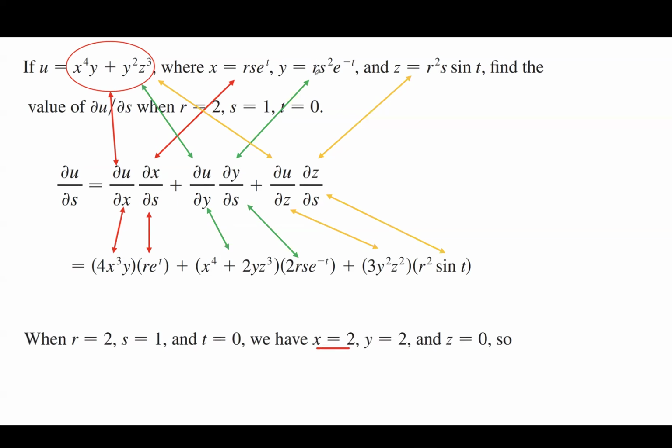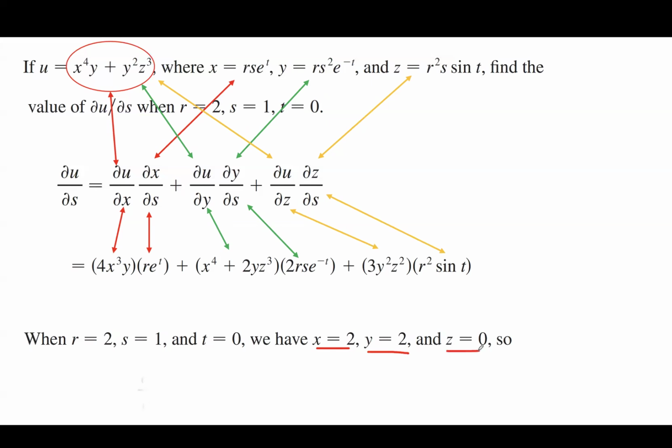For y, you get 2 times 1 divided by 1, which is 2. Now for z, if you plug in 2, you get 4 times 1 times sine of 0, which is basically 0. So z vanishes and becomes 0.